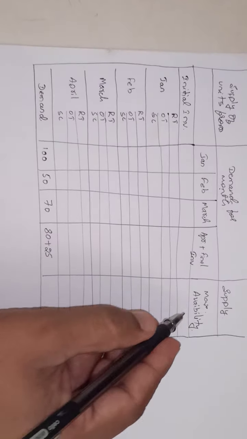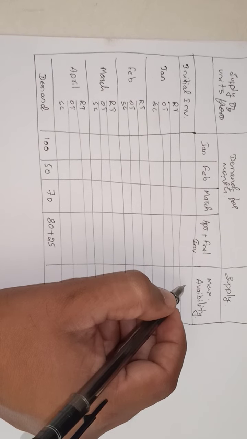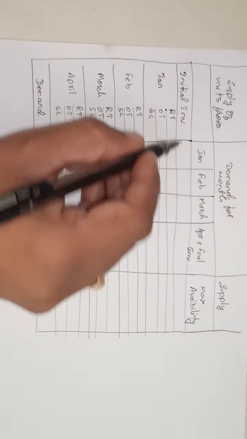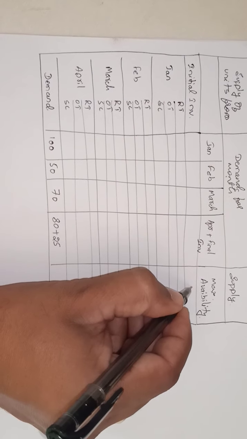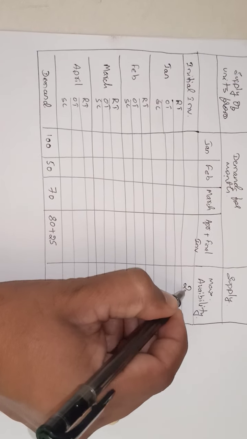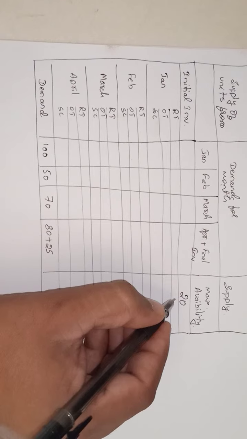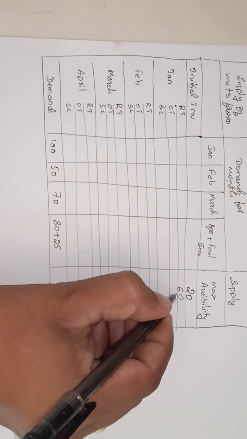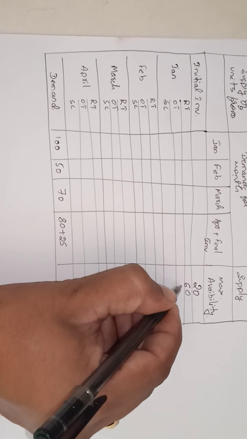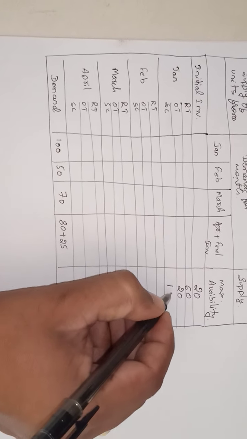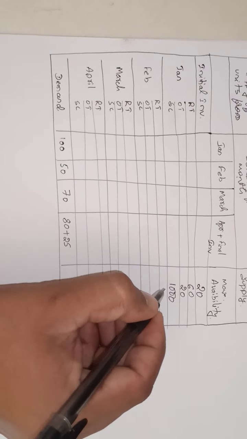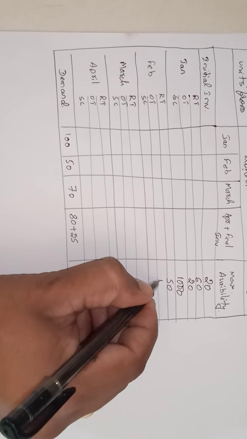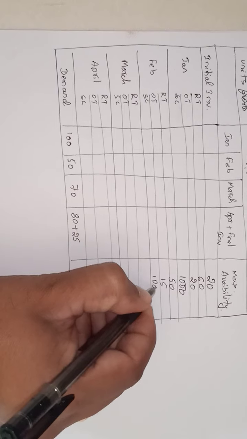Now we will write the maximum availability they have given, right? So initial inventory, how much initial inventory they have given? 20, right? From the regular time in January month 60 they have given. Next 20. From the subcontracting 1000 they have given. From the regular time in February 50, 15,000.